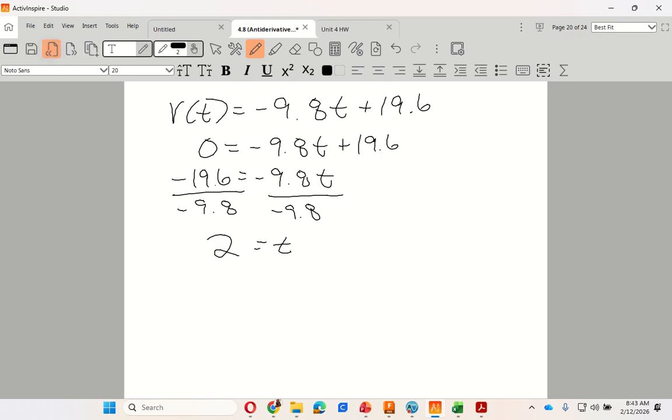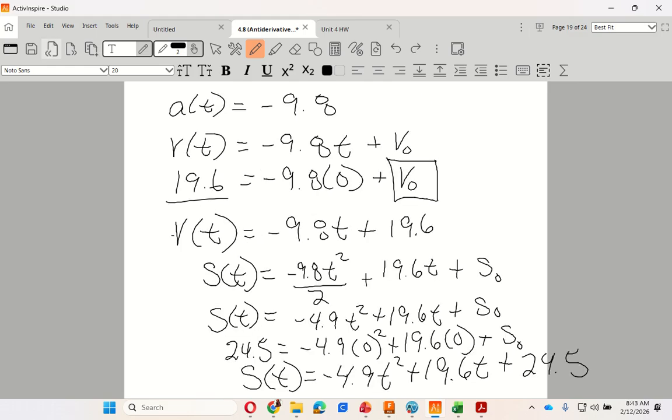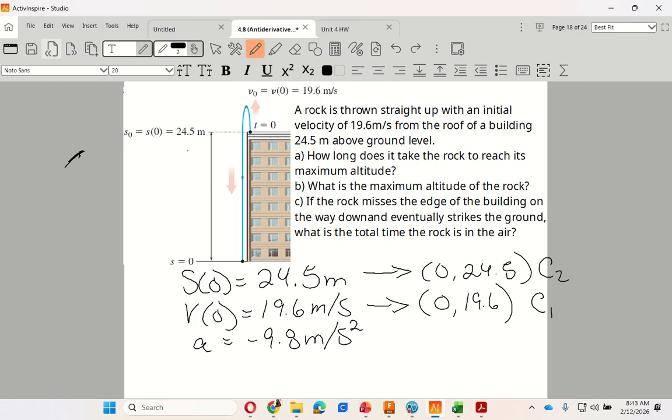The next question says, what is the maximum altitude of the rock? So I know when the position is highest. That means I need to plug it in where? Position. Very good.